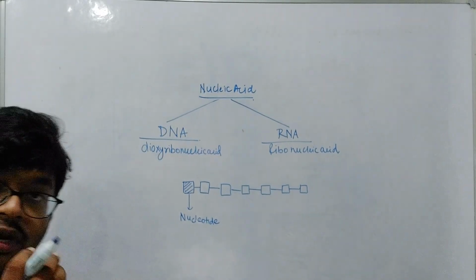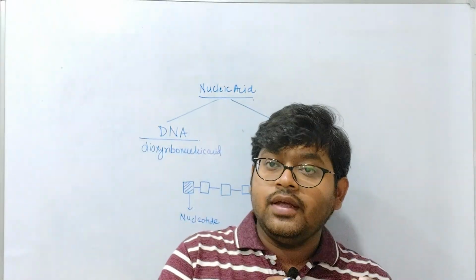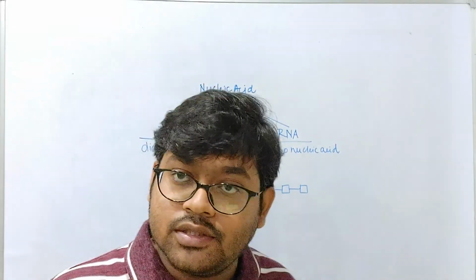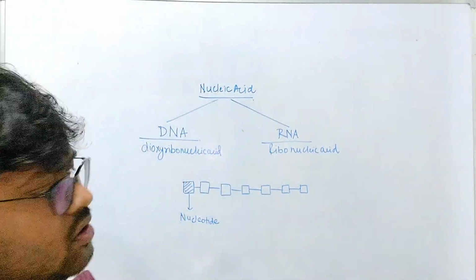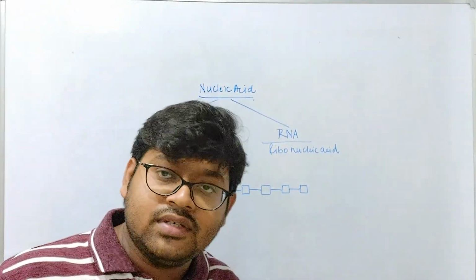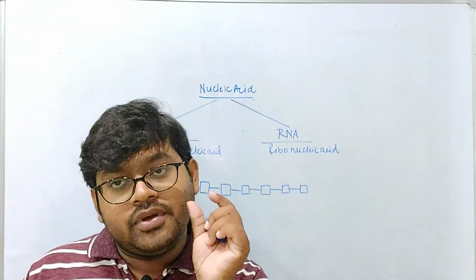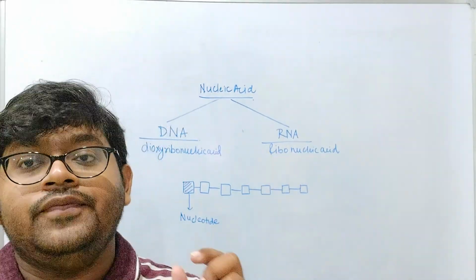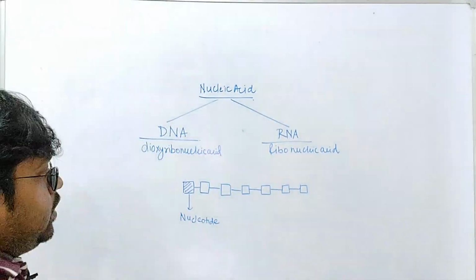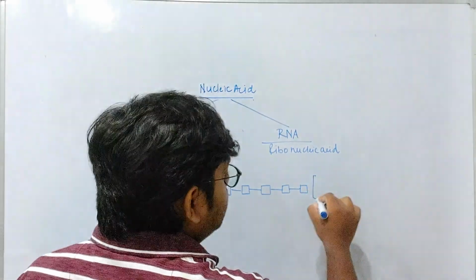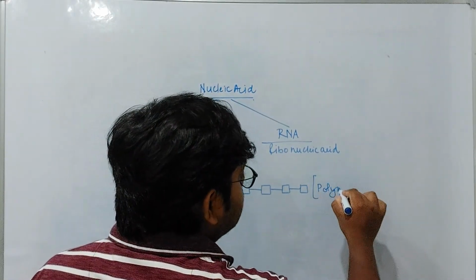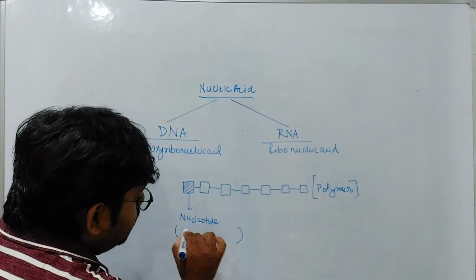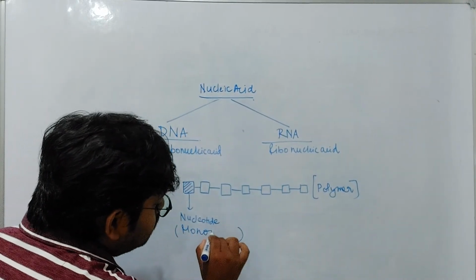So small nucleotides combine and they result in the formation of a nucleic acid, whether it's a DNA or RNA, whatever it is. If this is called a polymer, then these small boxes are known as monomer units.